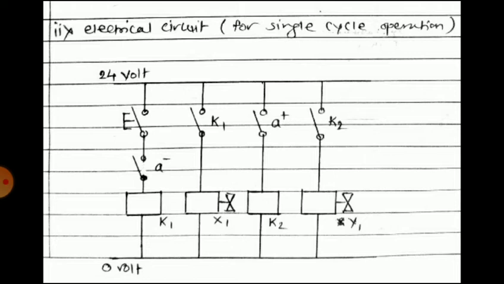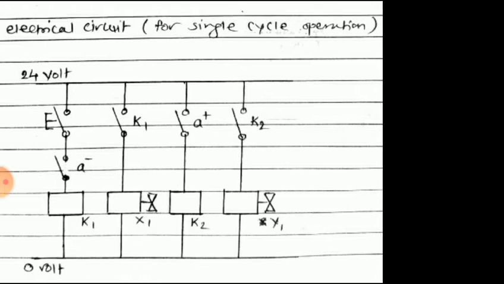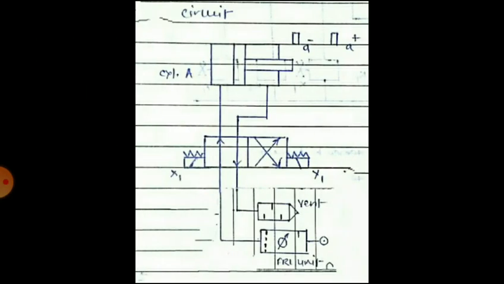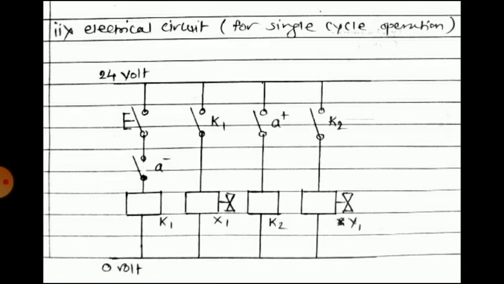Now when the push button is pressed or switched on, and the cylinder rod end is at the A minus position, the switch activates the relay coil K1.